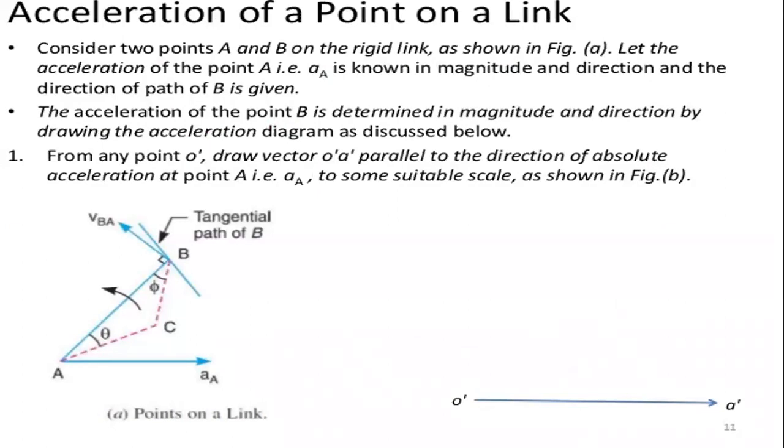So here I am considering 2 points A and B on a rigid link. So we are taking it as again a rigid link.